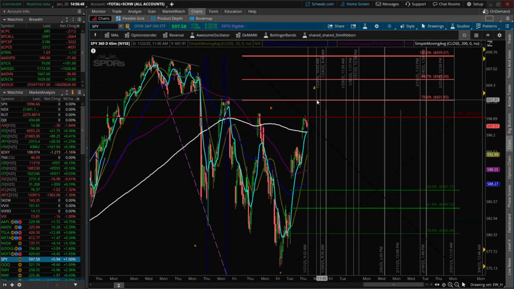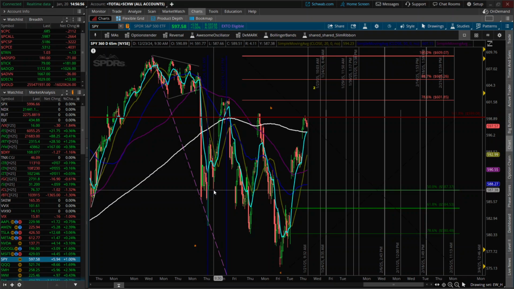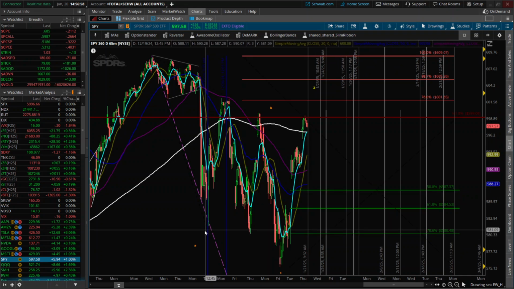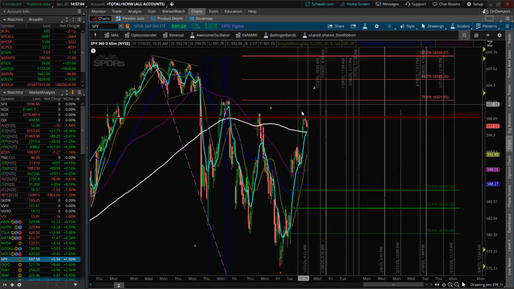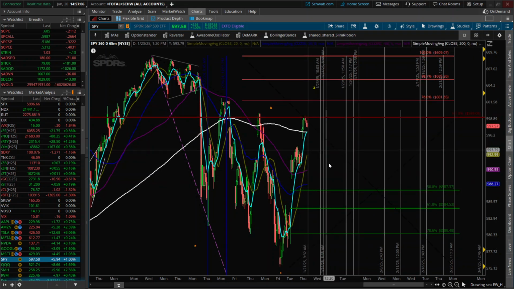But this will be another critical level here at the 602 to where I think it would be an objective short again. And that, once again, I think is a 1-2 setup, and we have wave 3 headed down there. But I think it's more likely that we've already had our move and we go retrace.